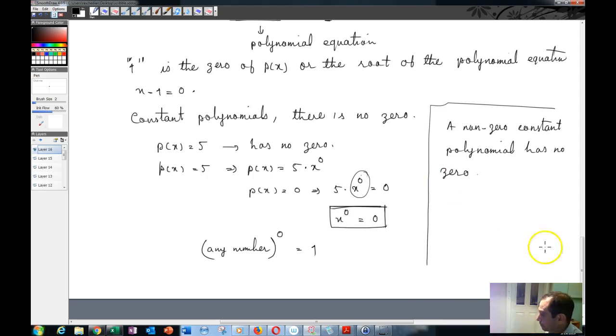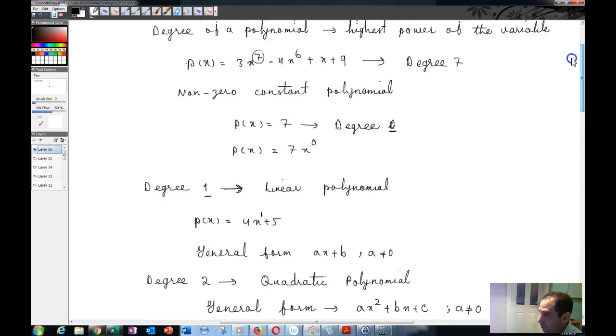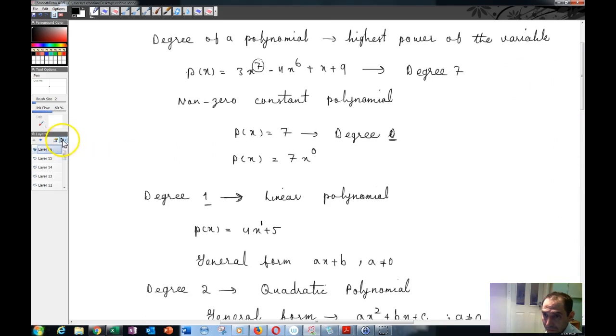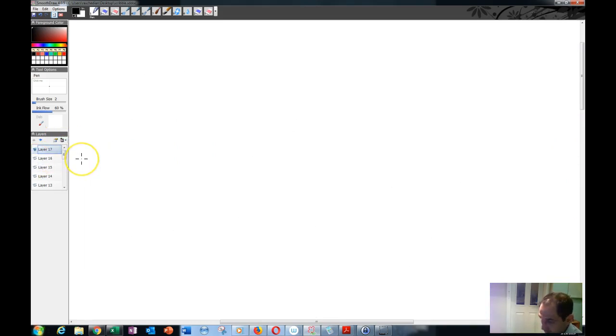And there is some convention about the 0 polynomial. So these are all basically definitions and conventions, and you need to be familiar with them. So about the 0 polynomial, by convention, every real number is the 0 of the polynomial.